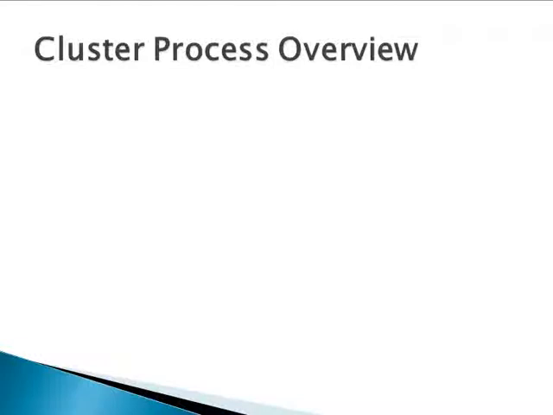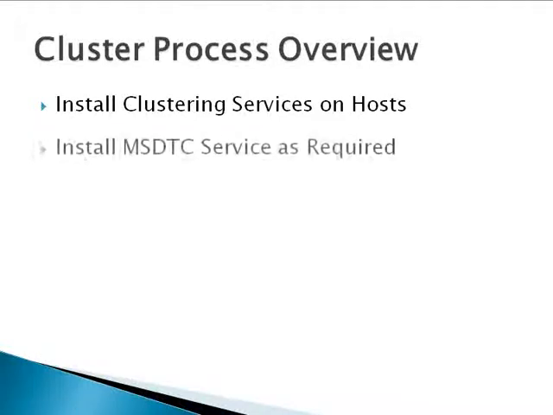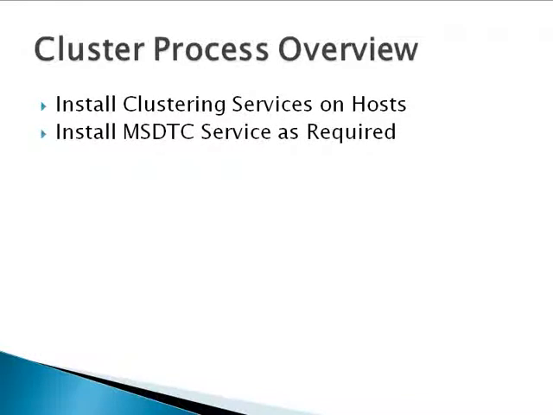So the basic process we're going to go through on the VMs is fairly straightforward. First thing we're going to do is install cluster services on the hosts. That's just basically getting the hosts to have all the pieces of the OS that they need. Next, you install MSDTC, which we will be doing as part of our install.